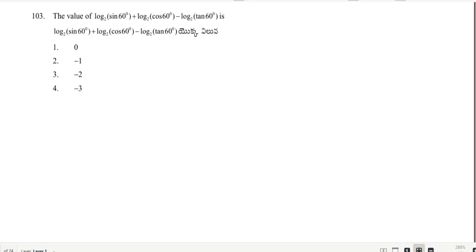The value of log sin 30 plus log cos 60 minus log tan 60 degrees. Okay, so we know that log A plus log B can be written as log of A into B. By using this formula, this can be written as log of sin 60 into cos 60 by tan 60, we can write.